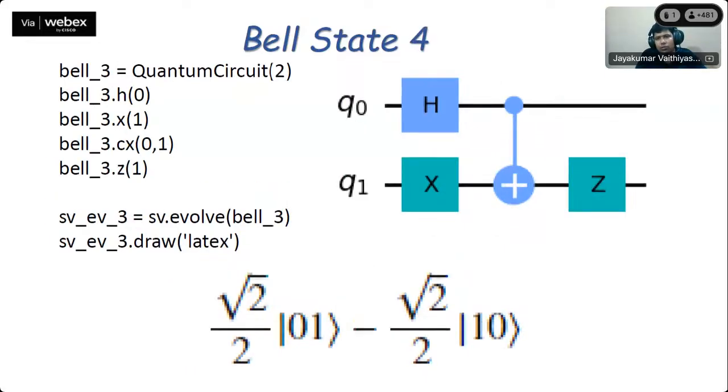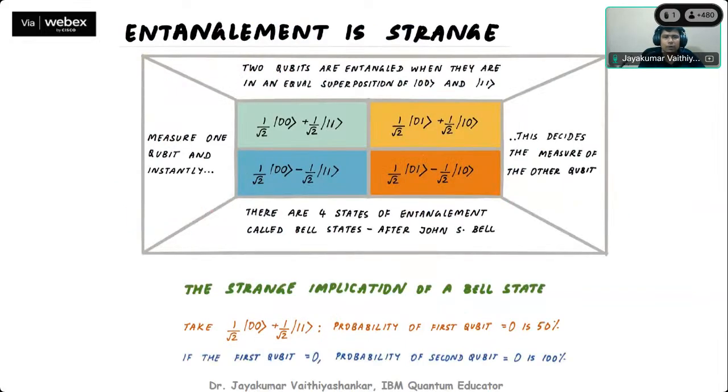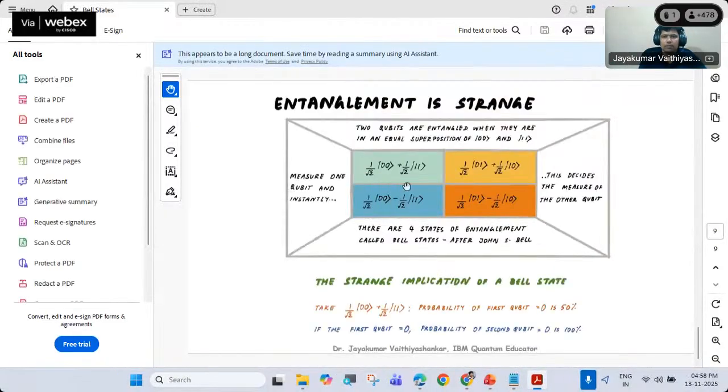Add a Z gate to that and you'll get Bell state 4, so opposite entanglement with phase flip. Now we are able to get this idea. Is it clear now?